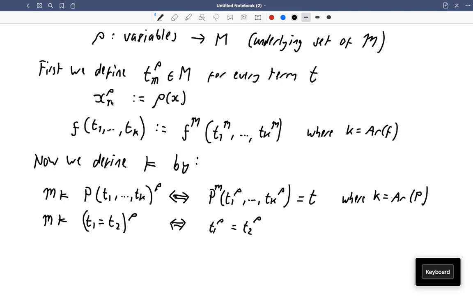Let's just do that. So this here I missed out. I should have put the rho here and M here. Okay, so we're correcting things as we go along.